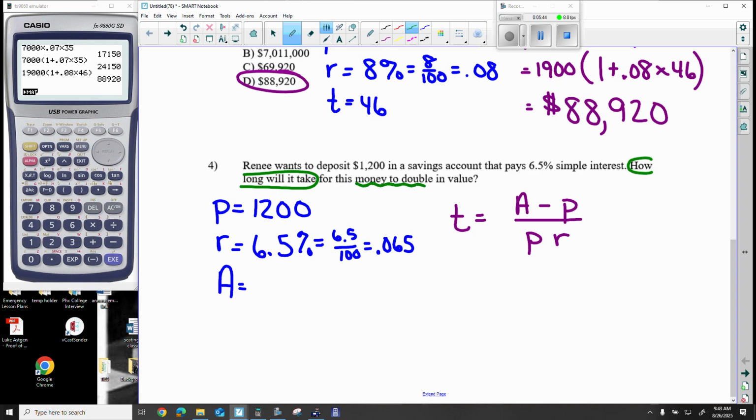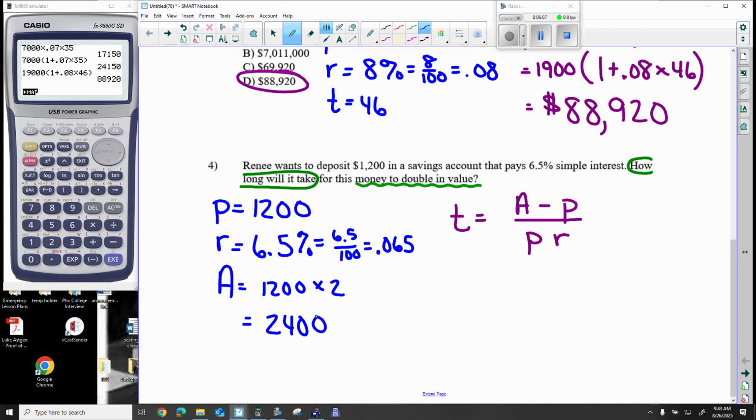You want your money to double in value. All right, so what that would mean is if I started with 1,200, I want that to double, i.e. times 2. So that implies that we want $2,400 at the end. All right, we want 2,400 at the end.